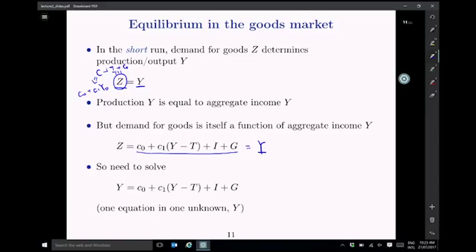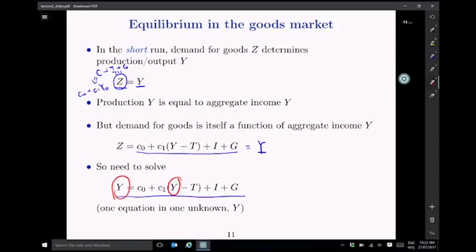And here we are left with what? One equation, this one, and one unknown, right? The only unknown here is the aggregate output or aggregate income. We'll use the terms aggregate output and aggregate income interchangeably because they refer to the same thing, Y here.